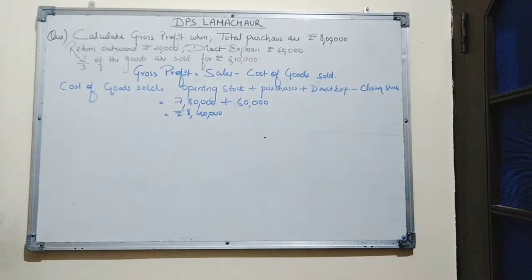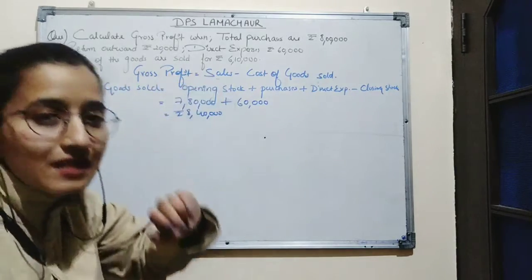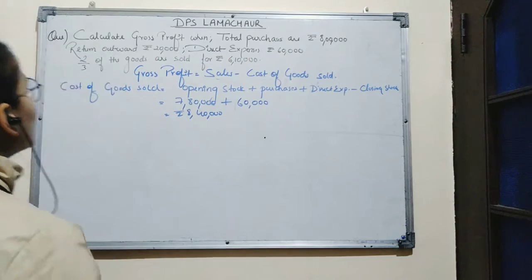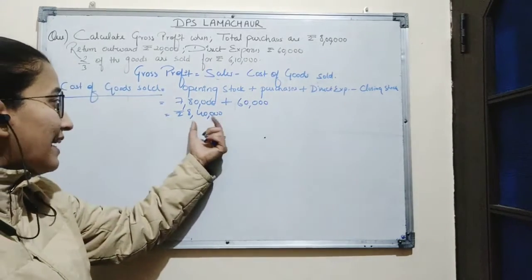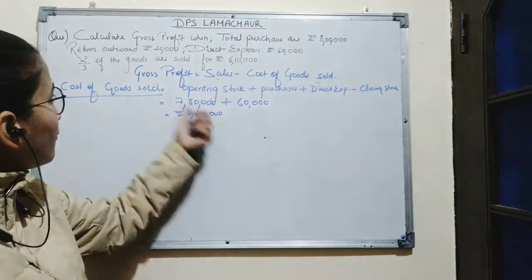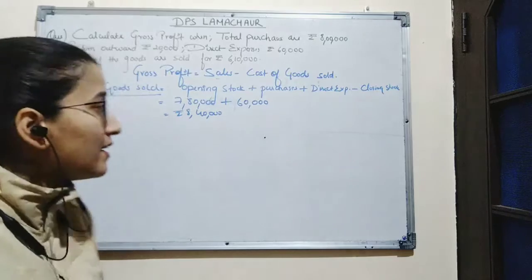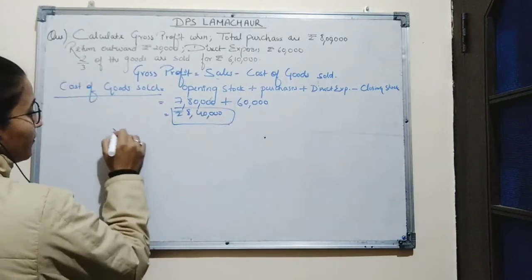Now in the question it is given that 2/3 of the goods are sold for rupees 6,10,000. So here 2/3 of goods means 2/3 of cost of goods. The total cost of goods is 8,40,000, out of which 2/3 of this amount has been sold for rupees 6,10,000. So first we will calculate 2/3 of this amount.